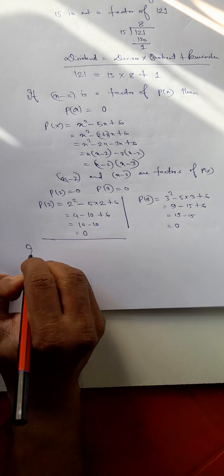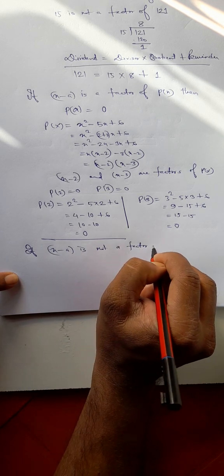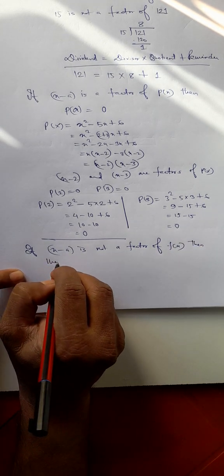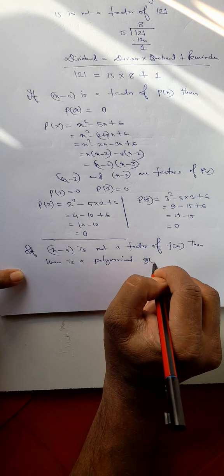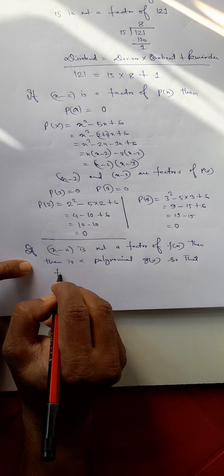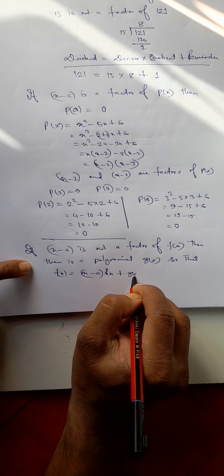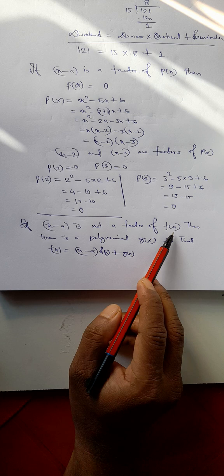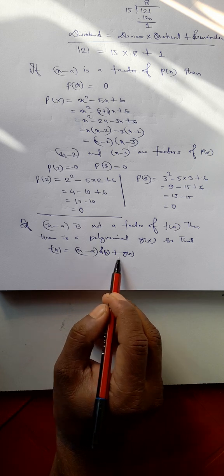Similarly, if x minus a is not a factor of a polynomial f(x), then there is a polynomial g(x) so that f(x) equals (x minus a) into h(x) plus g(x).